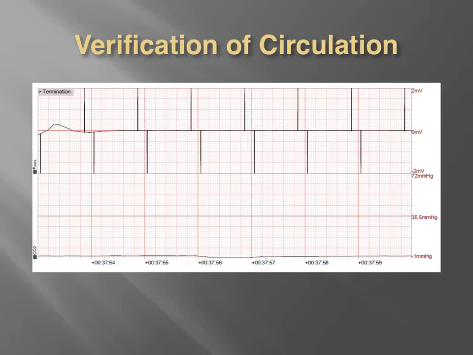Okay, and then here we have our termination of efforts, where this patient essentially had no capture from their own pacer spikes, and resuscitation seemed futile at that point.